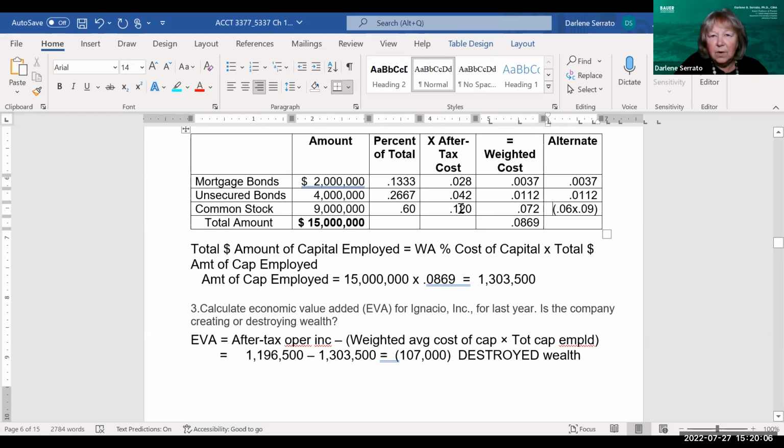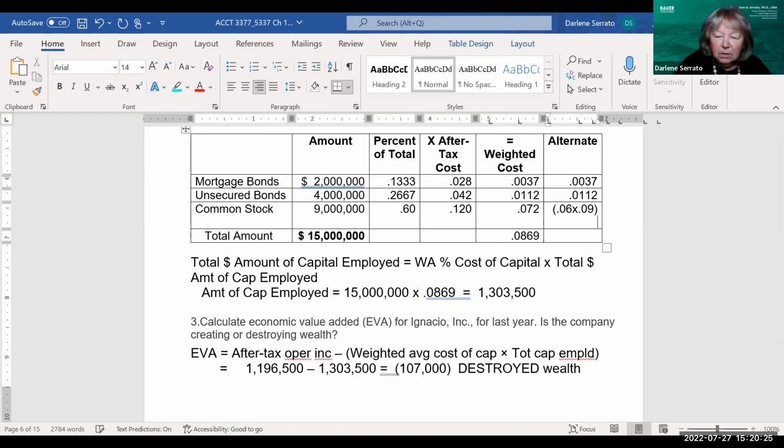This becomes 0.09. So 0.60 times 0.09 should be 0.054.